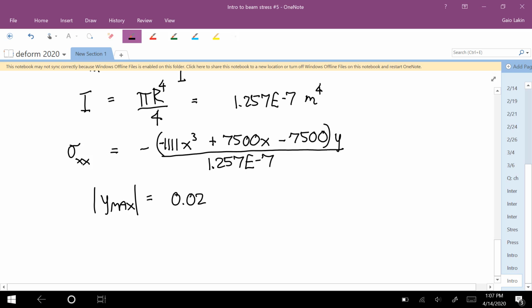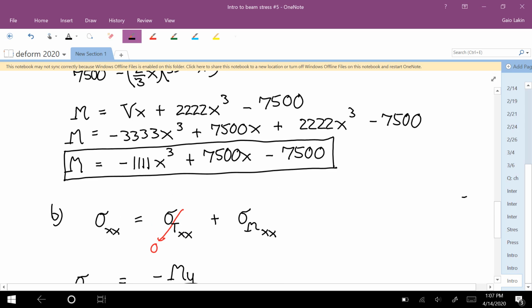When I translated this, I left off this negative here. So everything I did up above was right, but when I brought it down here, I left off that negative. Anyways, the stuff in parentheses, if you plot out that bending moment function, looks like this. It comes to a value of 0 right at the end.